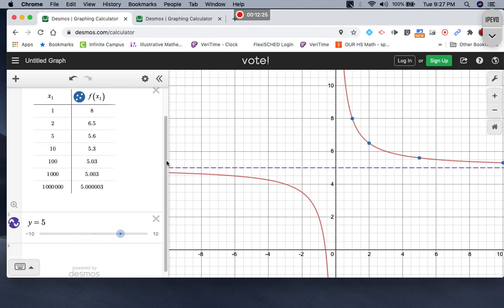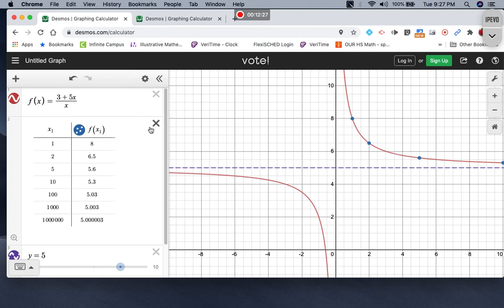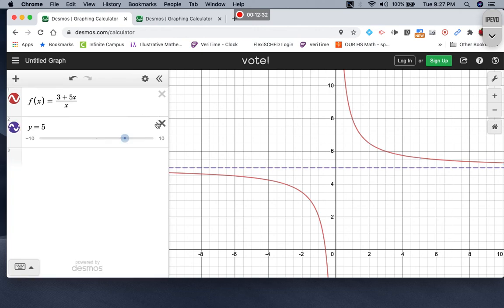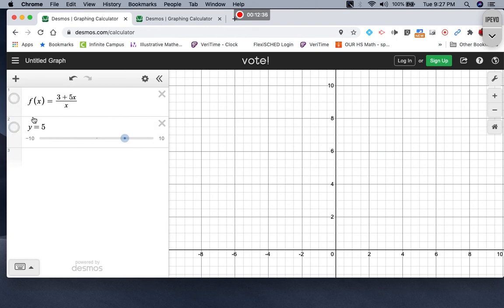So let's see if we can figure out some other ones here. I'm going to get rid of this table. I'm not going to graph this. Let's go 5 minus 4x.